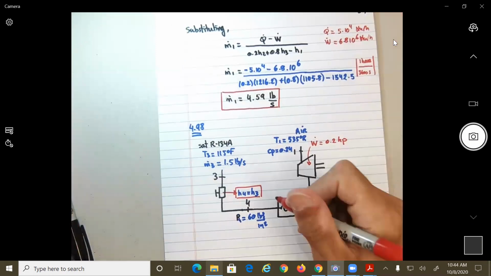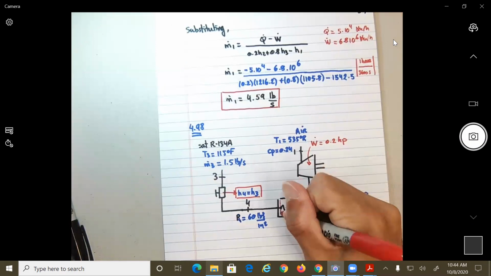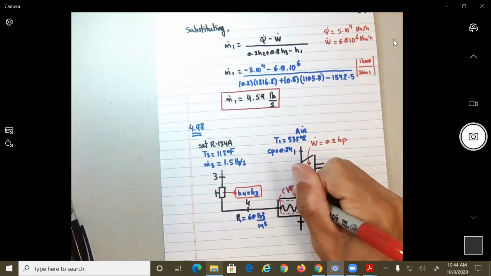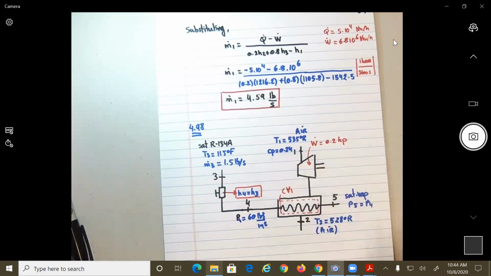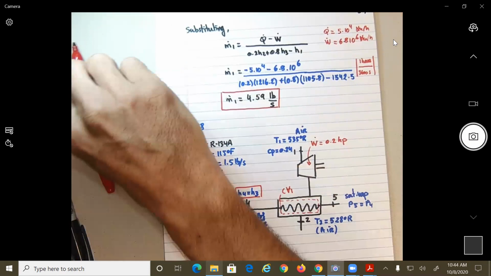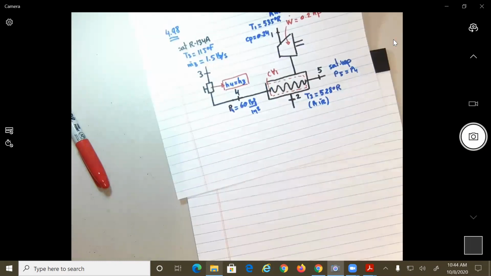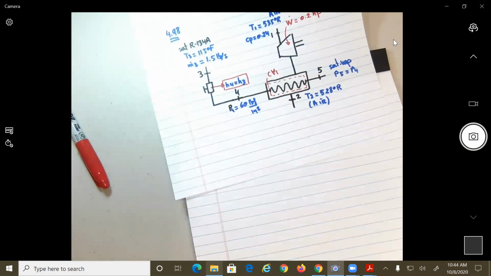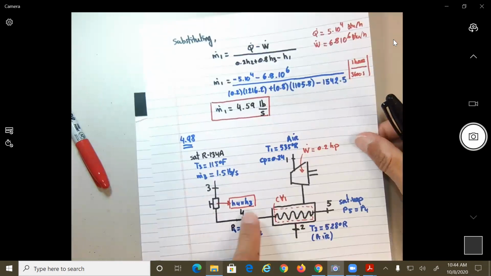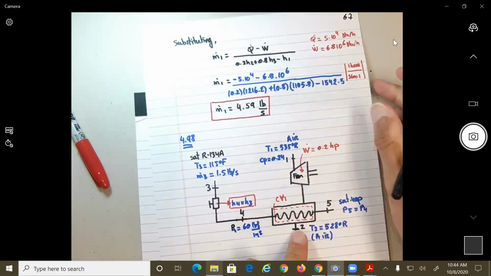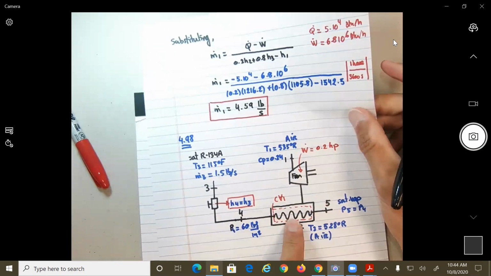So let's say I'm going to select as control volume this one over here, initially. Okay? And this is important that you specify which control volume, because if you don't tell me which control volume you are considering, here how many control volumes you could take. You could take just the valve, you could take just the fan, or you could just take the heat exchanger as we are doing.